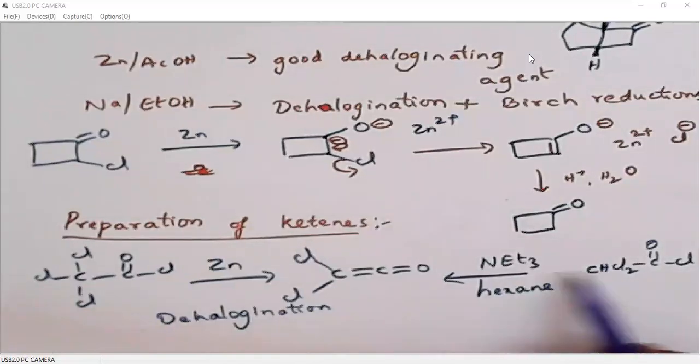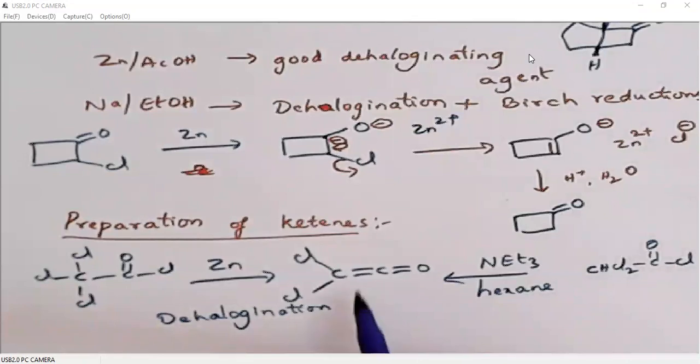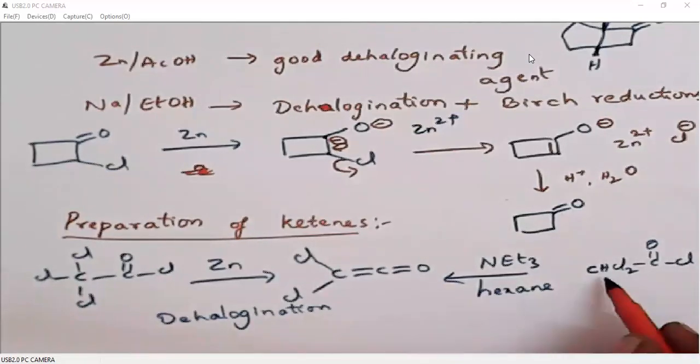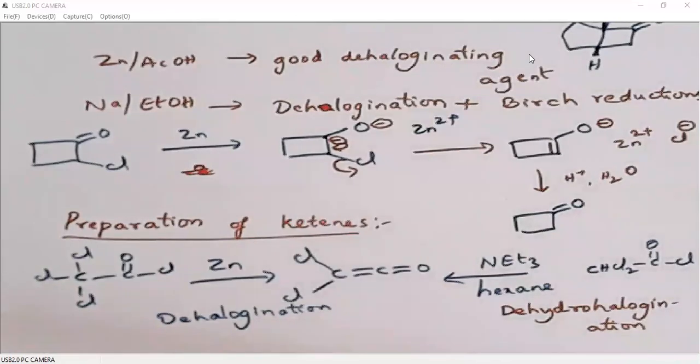When it takes the proton, it becomes negatively charged. The negative charge can be polarized towards the carbonyl, and because chlorine is a good leaving group, chlorine will be expelled, giving this ketene. So this is dehydrohalogenation, because we are removing one hydrogen and one chlorine.